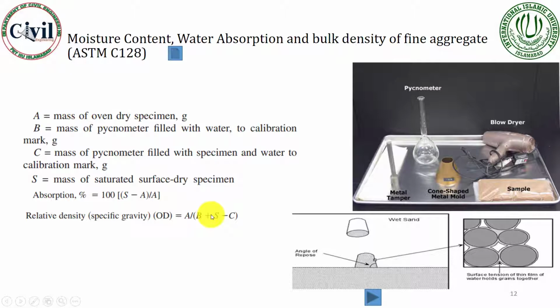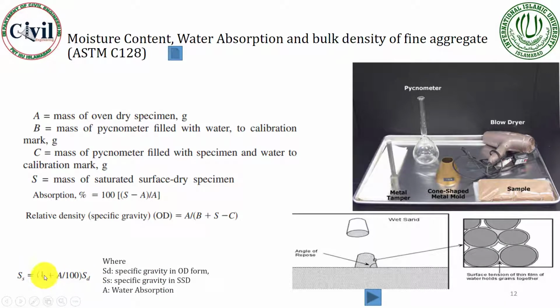For saturated surface dry condition, because in concrete you use the saturated surface dry condition, you must know the saturated surface dry specific gravity of a specimen. For its calculation, you must have the water absorption along with the specific gravity.